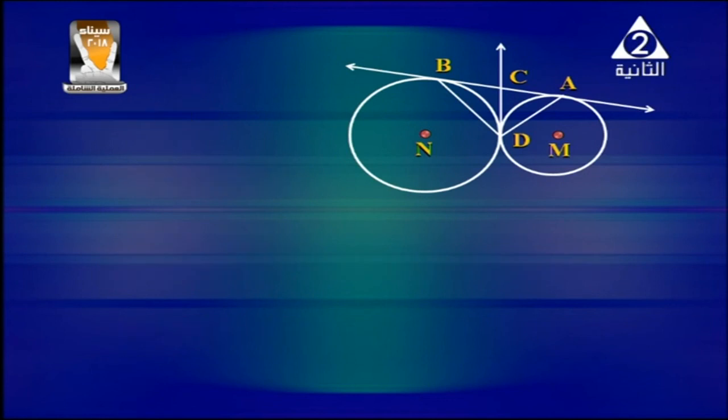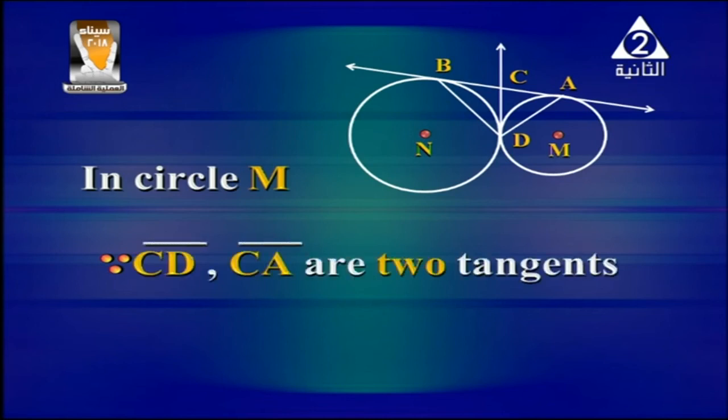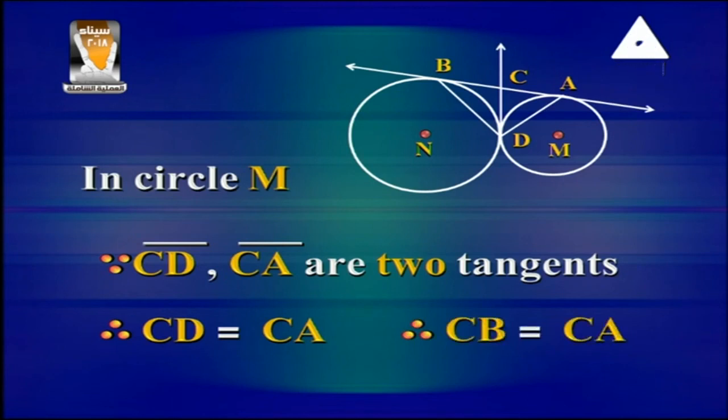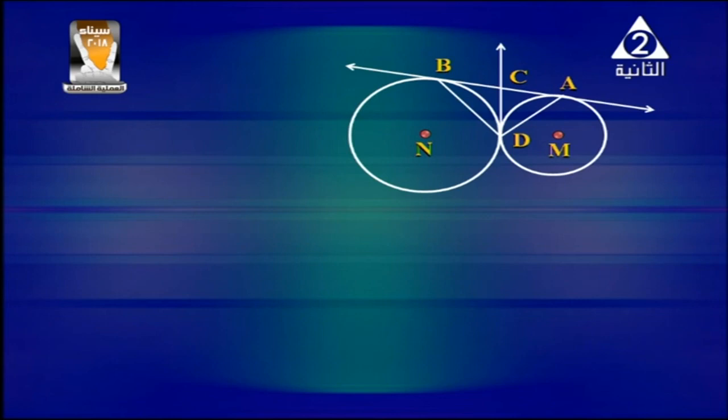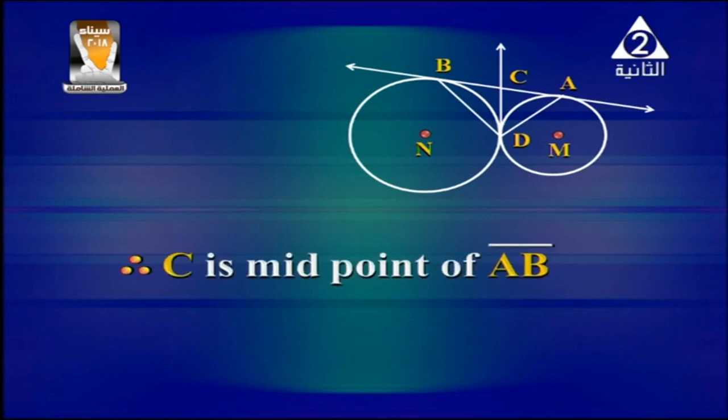Similarly, CD and CA are two tangents, so they are equal in length. So we can say that CD equals CA. Therefore, CB and CA are equal. This means that C will be the midpoint of AB, and this is the first required.